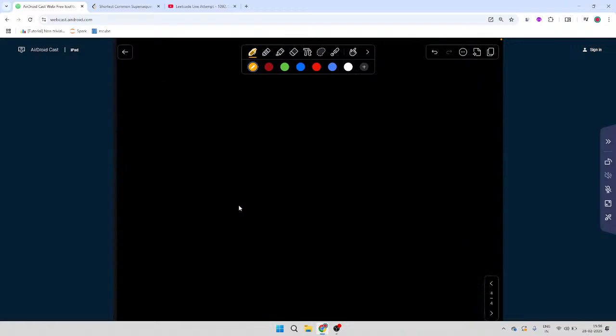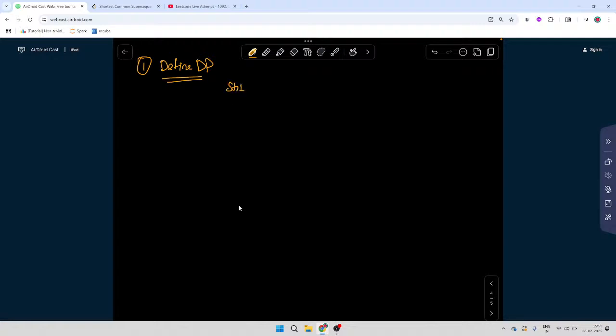So first step is to define DP. We are defining DP here. So what I'm trying to do here is this. We have str1 and we have str2. Yeah, we can swap these things, that is fine. So we start with 0th index in str2.